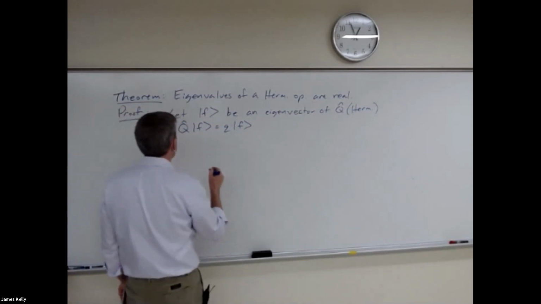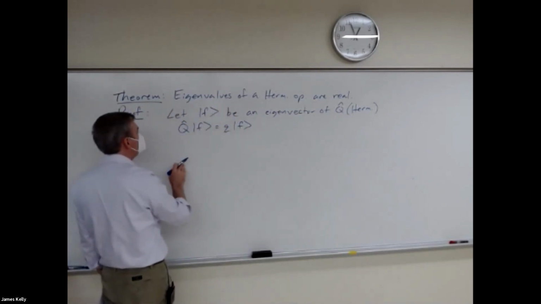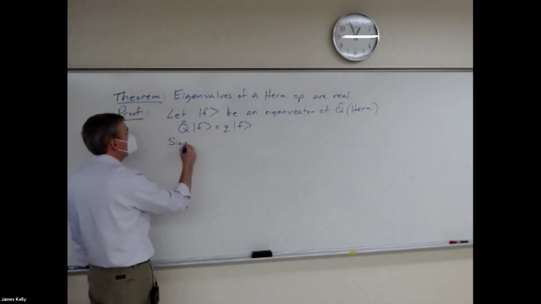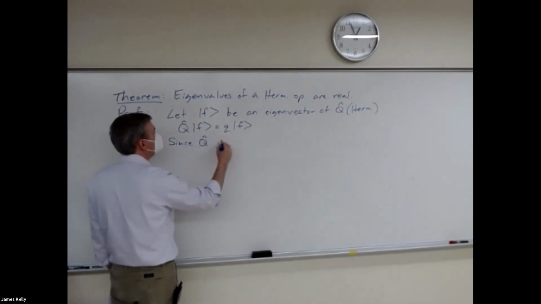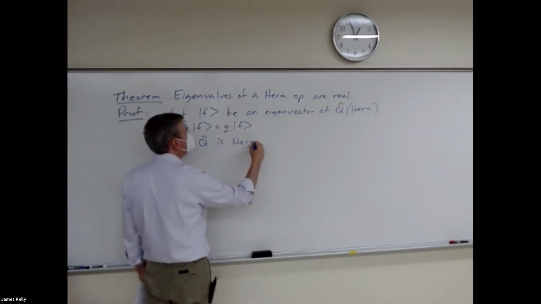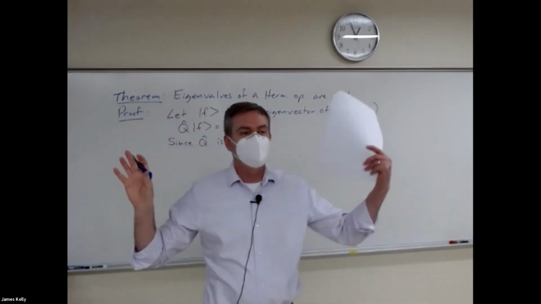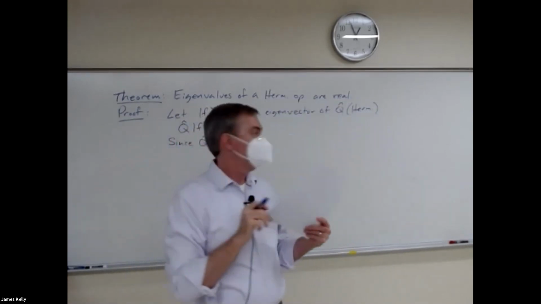Now, we're assuming Q is Hermitian. Since Q hat is Hermitian, in an inner product I can move the operator from one side of the inner product to the other.